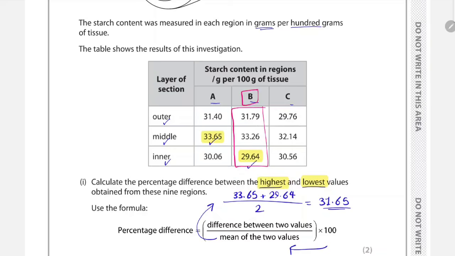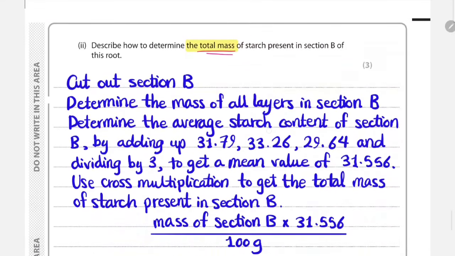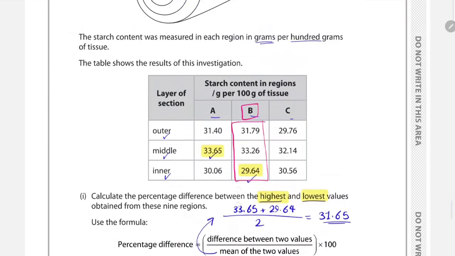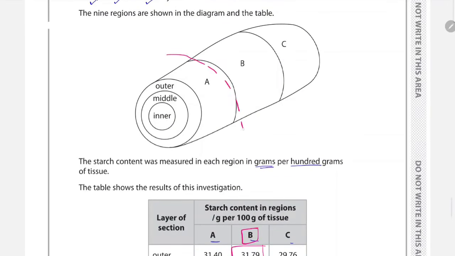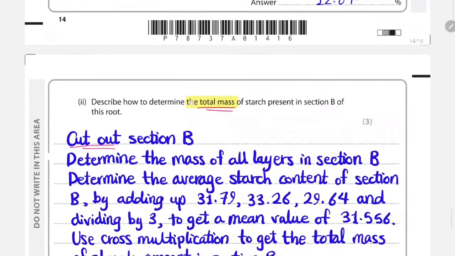So I need to get the total of everything, and this is corresponding to the total mass present in section B. So firstly, I have to get the total mass of section B. We need to cut out section B. I need to get section B all alone. So remove section A and remove section C and get section B alone in order to measure its mass.